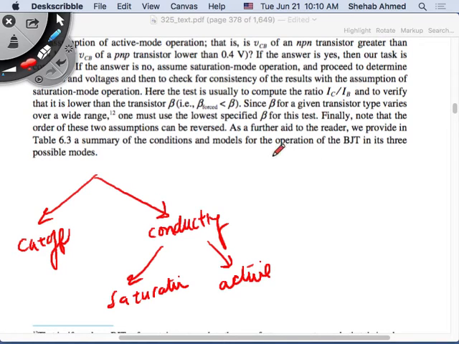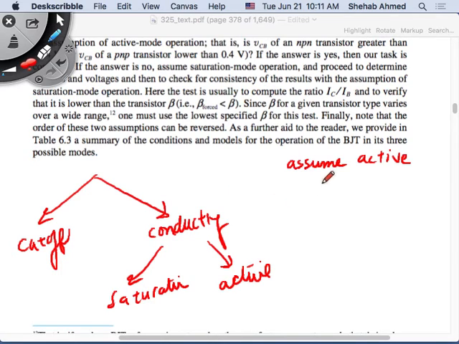So for example, the process in this section here describes what the process should be. You would assume, for example, that the device is active. So assume it's in active mode, and you solve your circuit. Find the value of VC, VB, VE, and check.